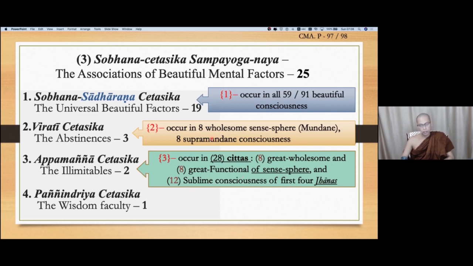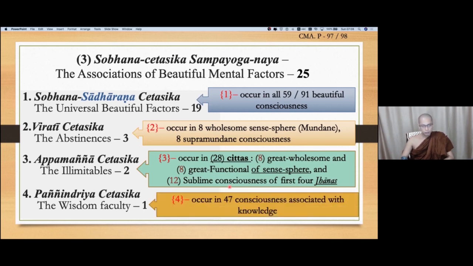So here you see the abstinence mental factors don't arise with the sublime consciousness, but the Appamanna Cetasika, the 2 illimitables, can arise with sublime consciousness. But the abstinence 3 can arise with supramundane consciousness, while the illimitables cannot arise with supramundane consciousness.